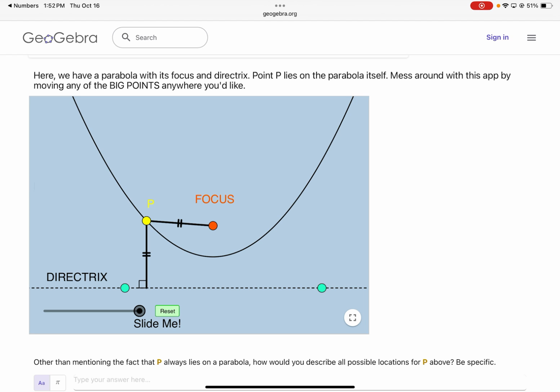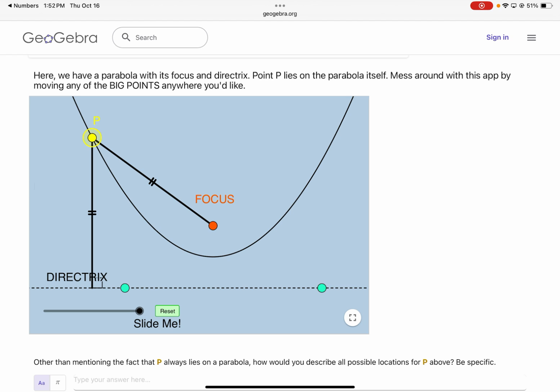Notice how those are the same lengths, same distances, okay? And it doesn't matter which point I pick, those two distances are going to be equal. They're not constant distances, but they're equal to each other at any given point.